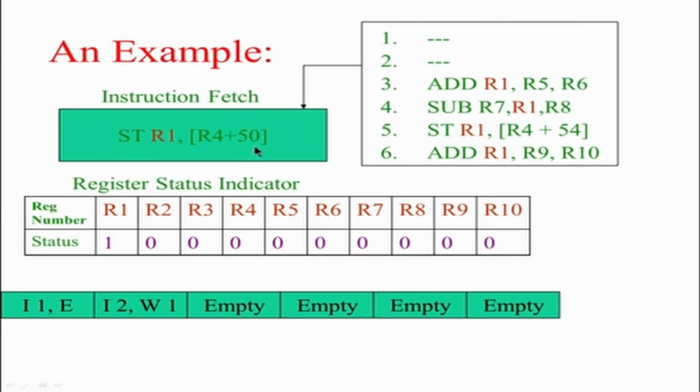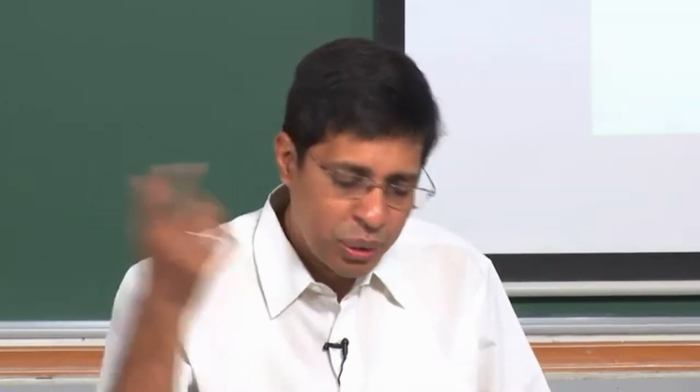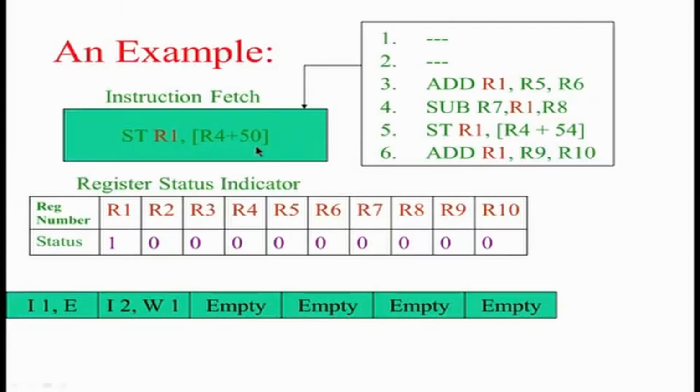Now what is this store going to do? It is going to read from R1, it is also going to read from R4. If R4 is being computed by some other instruction, I should know. So it is going to read from R1, it is also going to read from R4, please note, because I need to compute the address, and then it is going to store in R4 plus 50, right.